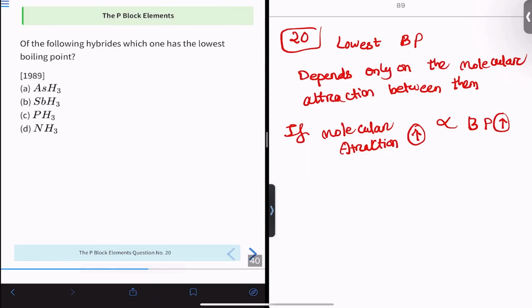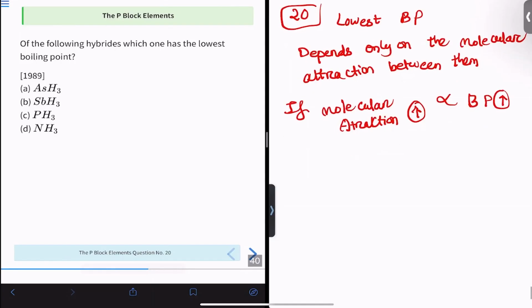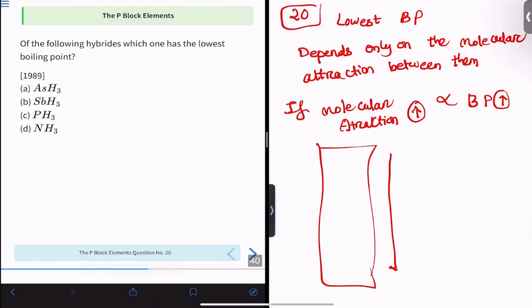One more thing for you to remember: in any group, for the hydrides of a p block element, as you go down, the boiling point increases. Why is it increasing?